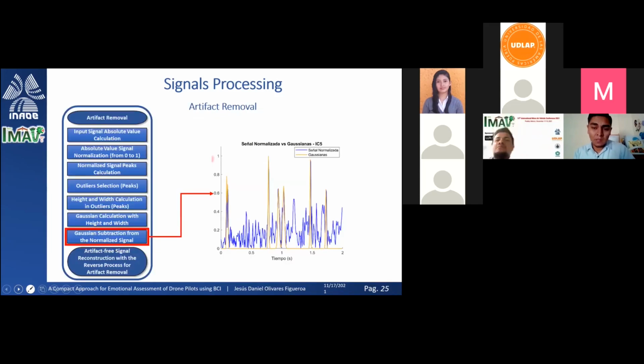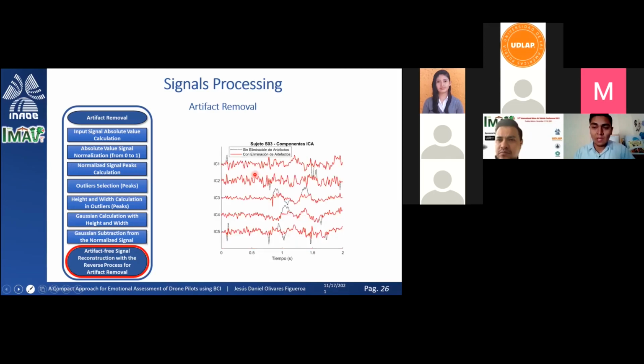The main idea of this step is to calculate Gaussians on the outliers of the signals. The blue signal corresponds to the absolute value of the normalized independent component. Then the calculated Gaussians are subtracted from the signal, and it's reconstructed, as you can see here, to recover the independent component with the removal of the artifacts.